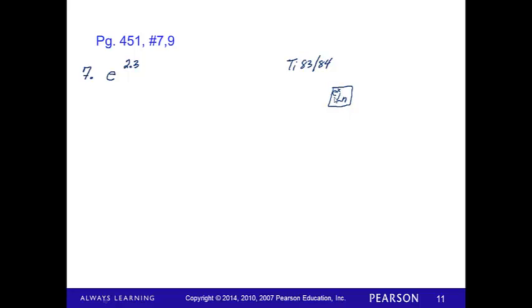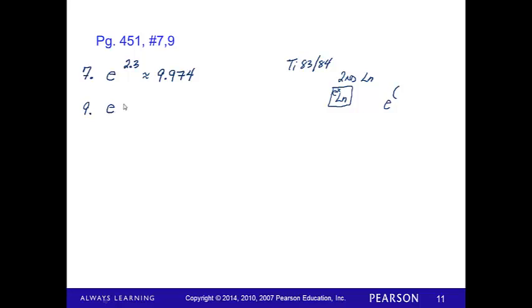It's small print, and like mine is blue, yours might be a different color. But to get e to the x, you must hit second, that LN button, and it'll come up with e to the, and it'll open a parenthesis. So it should look like e parentheses, and then you fill in the number and hit enter. So e to the 2.3, let me do it again, is going to be approximately 9.974.